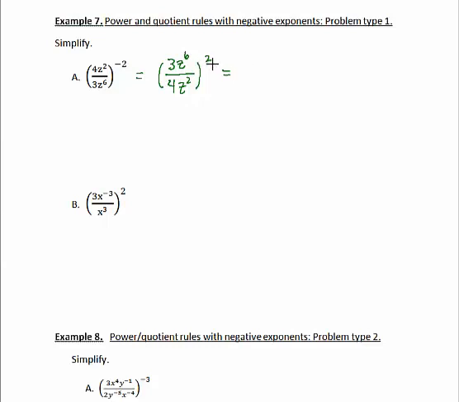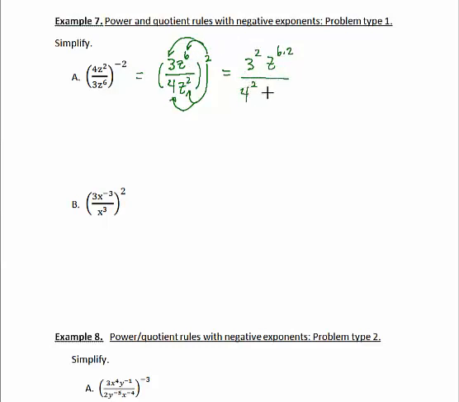At this point, we simply apply the power rule, which gives us a 3 squared, a z to the 6 times 2. The 2 applies to each number and exponent on the inside. Okay, so this is 4 squared, z squared squared.